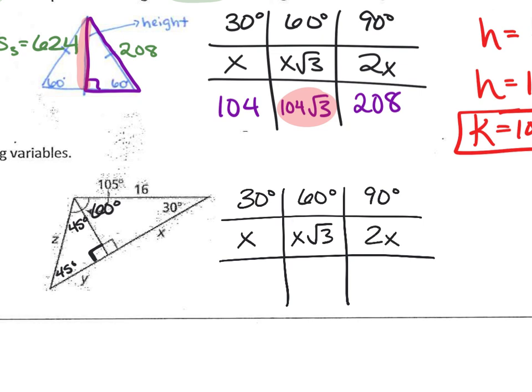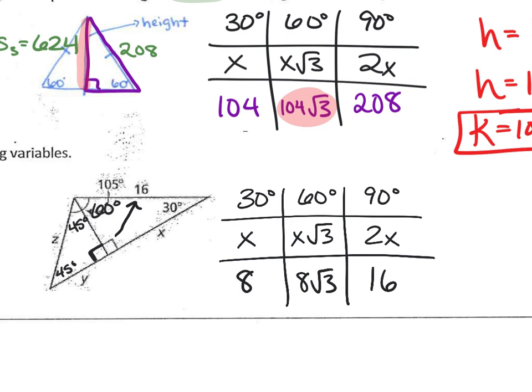And what piece of information for this triangle were we given? The 16 is across from what? 90. So that means this is going to be 16 right here. If 16 is 2x, what is regular x? 8. Which means across from my 60-degree angle is what? 8 square root of 3.